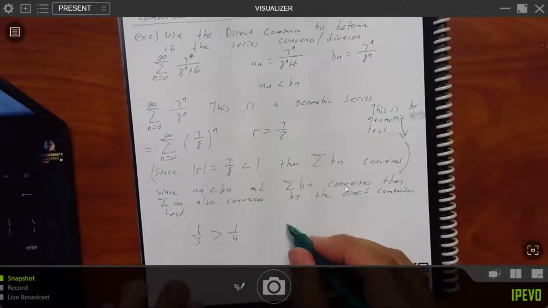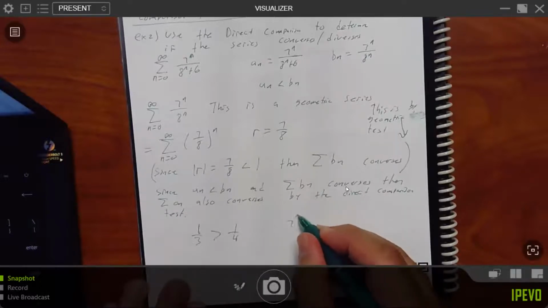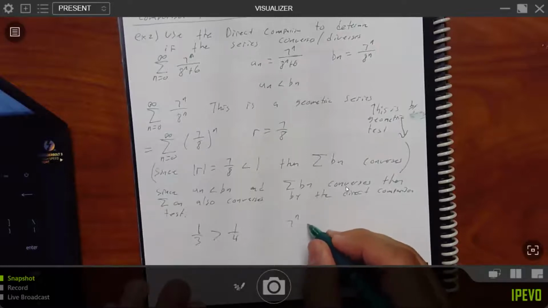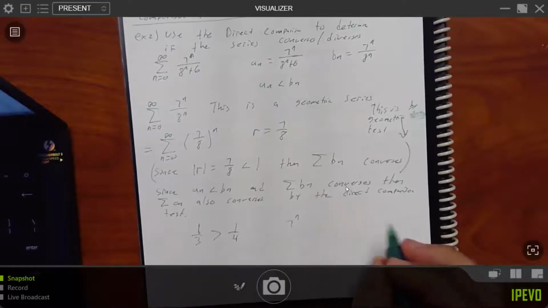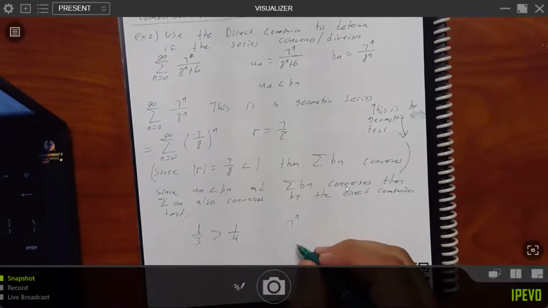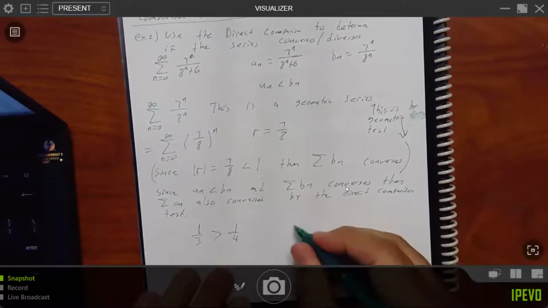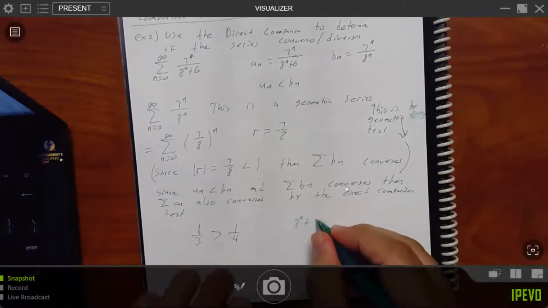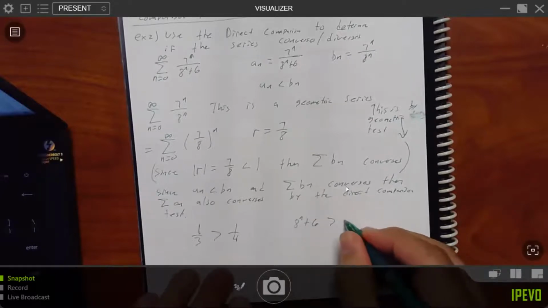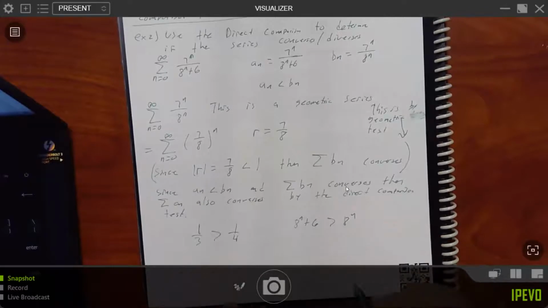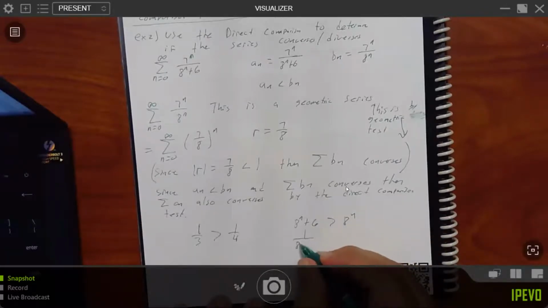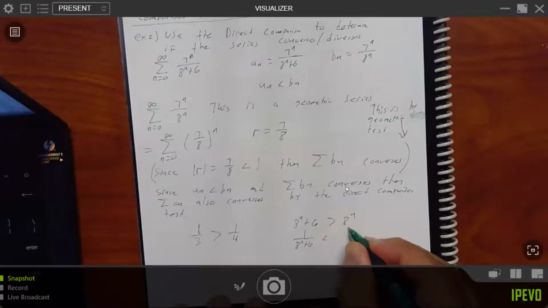So if we build it little by little, we know this is bigger than this, right? If I take the reciprocal, you agree that this is less than this, right?